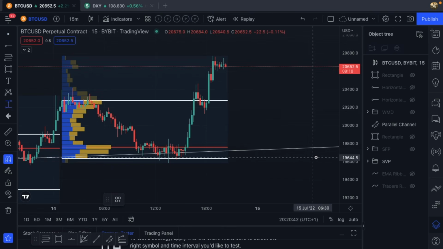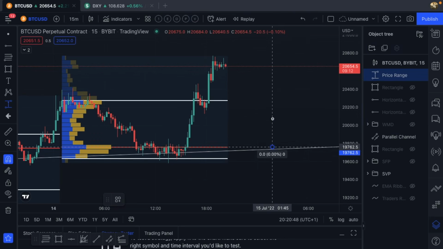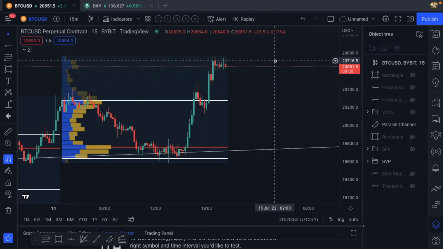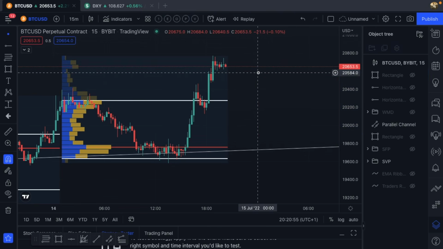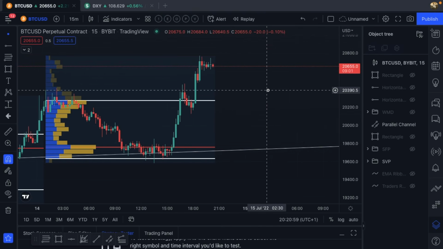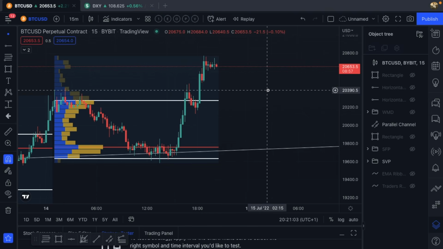What was the move on this? We're looking at 4% more or less. Even if you got in a bit late, you're looking at a 4.8% move. I generally trade a 10x, so for me it was over 48%. I got 51% or so.